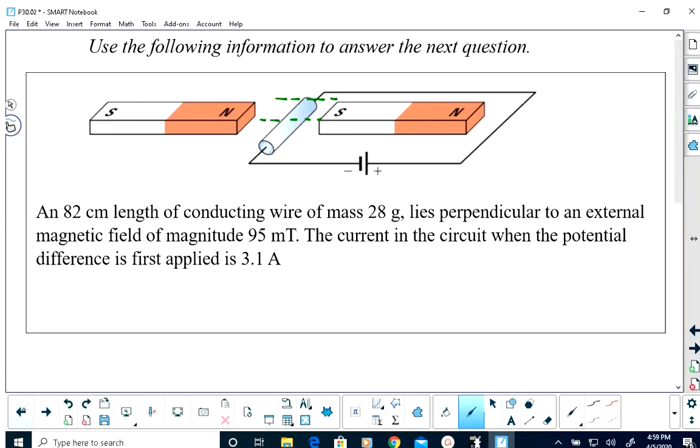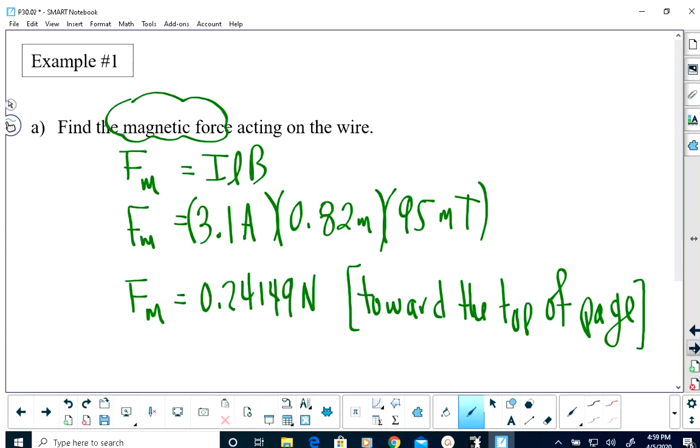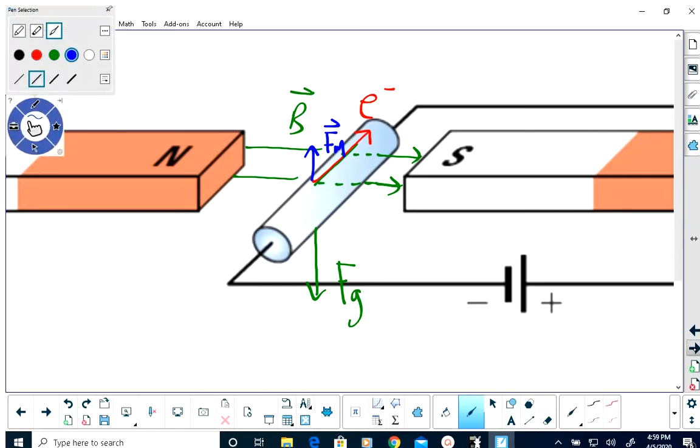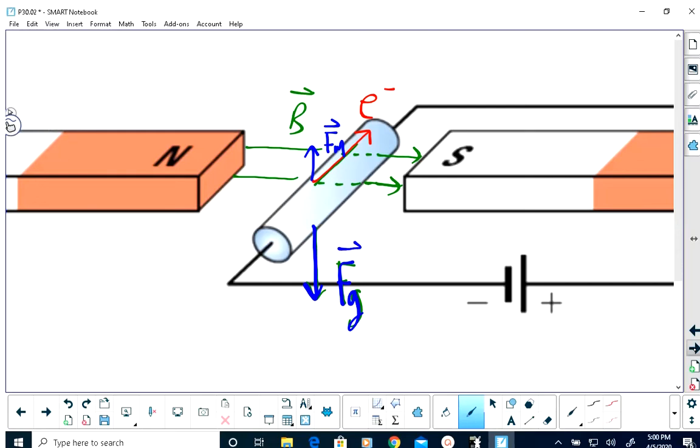This isn't an electron or a proton whose mass is so small we can ignore it. We have to consider the fact that although there is a magnetic force up, there is also a gravitational force down. Now, I don't know how large the gravitational force is. If the force of gravity is bigger than the magnetic force, which is up, then to find the net force, I would take the force of gravity and subtract the magnetic force.